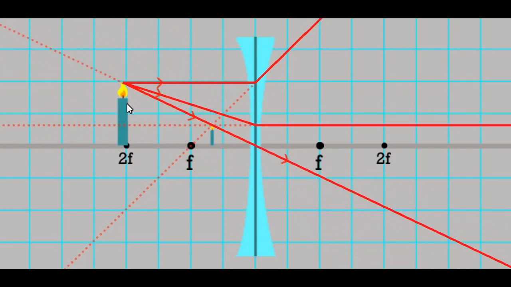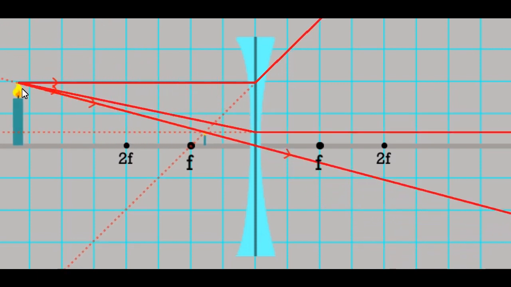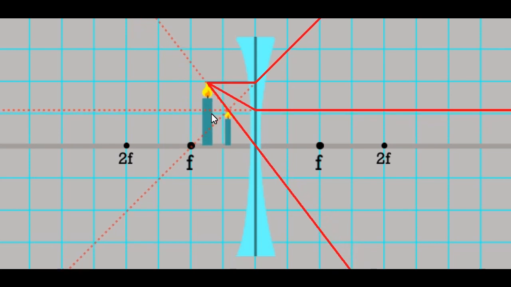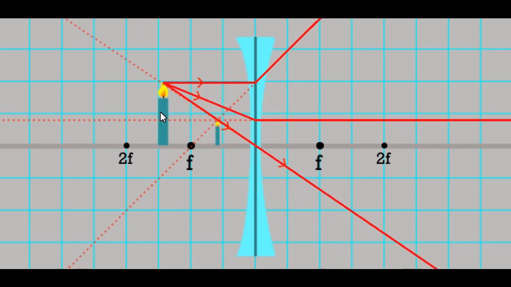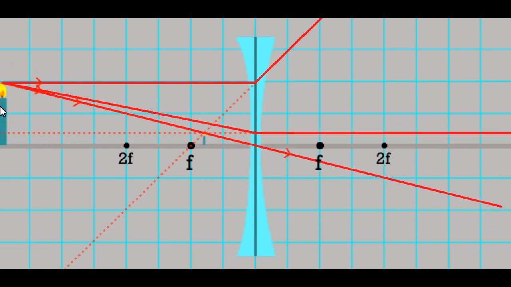If we keep the object between infinity and the optical center, the image will be formed between the focus and the optical center. Observe this, even if I take it here, this image will not cross this focus.